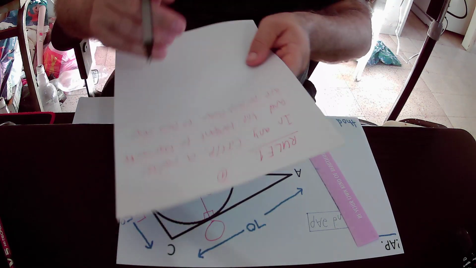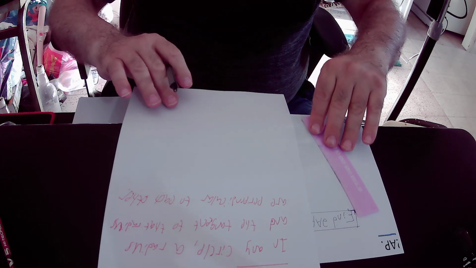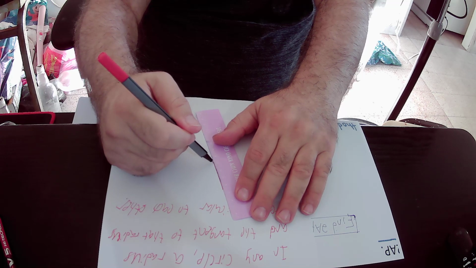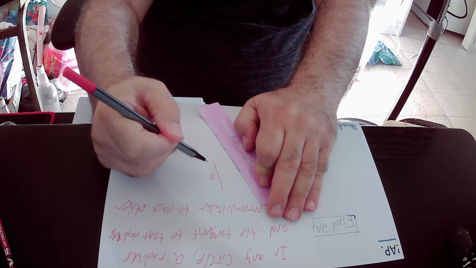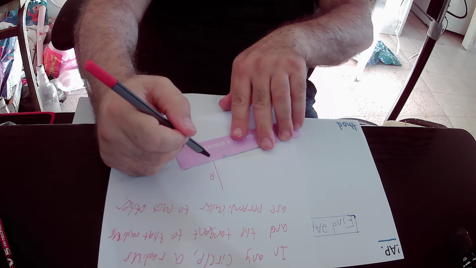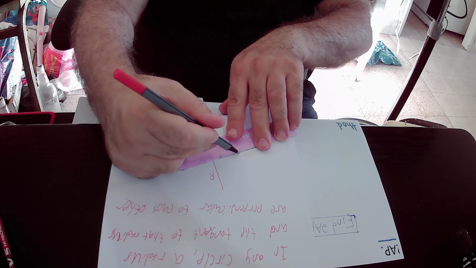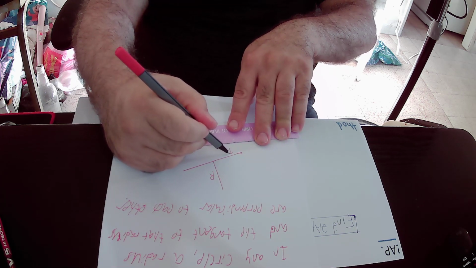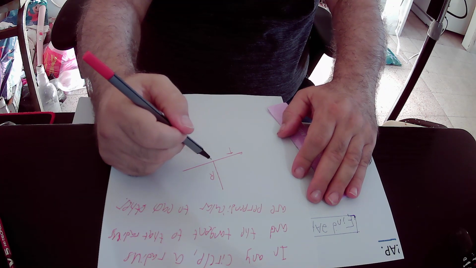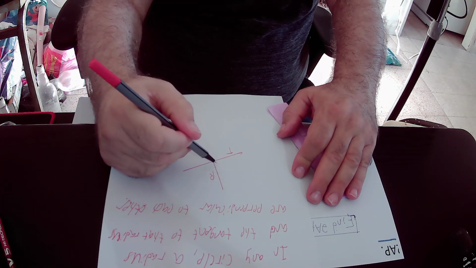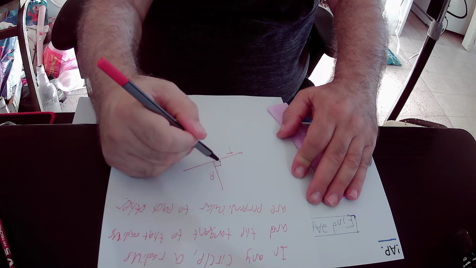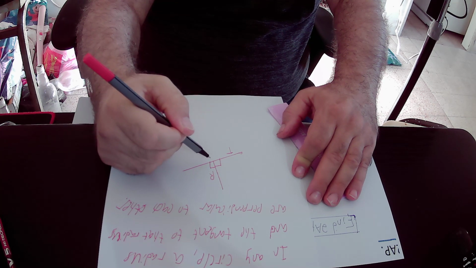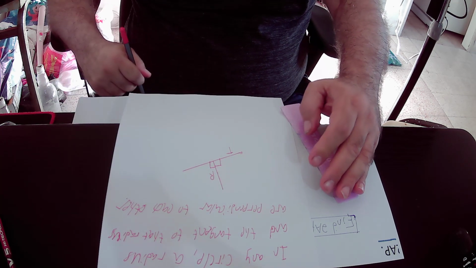So I will give you here an example. If we have a radius, let's call it R, and a tangent to that radius, let's call it T, then they are perpendicular to each other. That is to say, this angle is 90 degrees and this angle also equals 90 degrees.